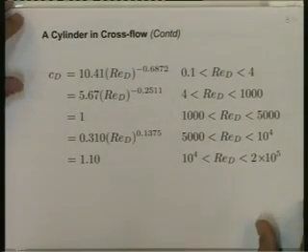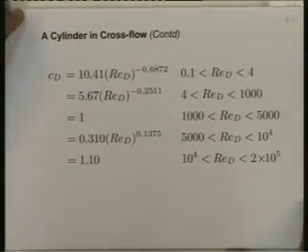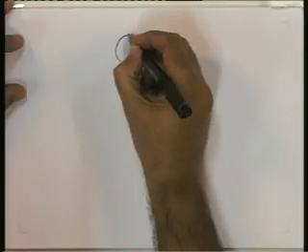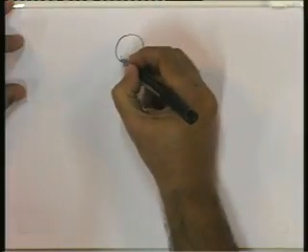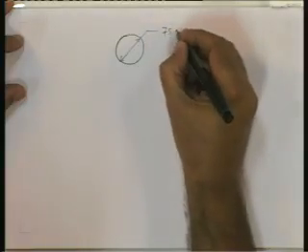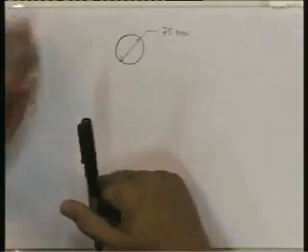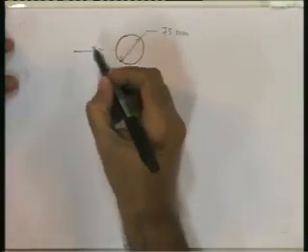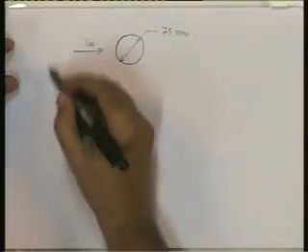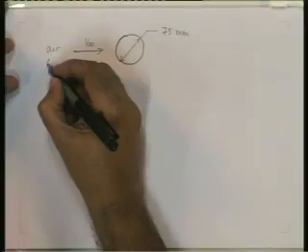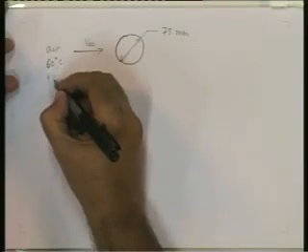Let us now take an illustrative example of flow across a cylinder. Here we have a cylinder. The diameter of the cylinder is 75 millimeters. Air flows across the cylinder at 60 degrees C, 1 atmosphere.